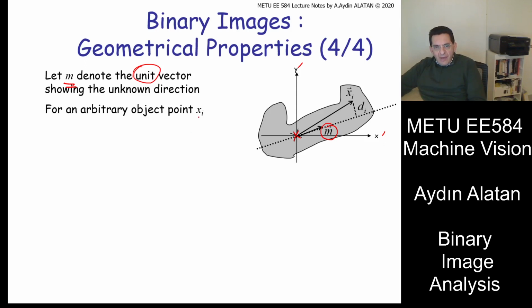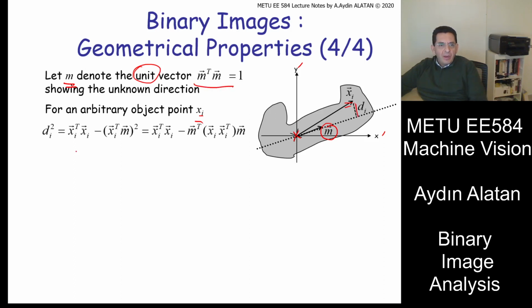Now for an arbitrary point x_i, this is d_i here, and this is the unit vector. Using the Pythagoras theorem, d_i squared equals the magnitude squared of x_i minus x_i transpose m squared, where x_i transpose m is this distance. If you take the square of it, it is the square of this distance, again due to the Pythagoras theorem.